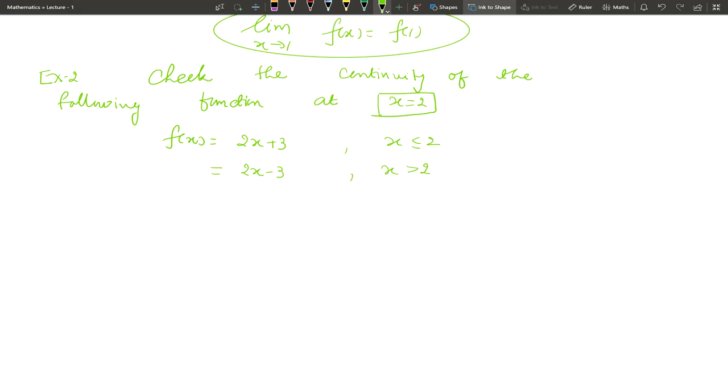So to check the continuity at x equal to 2, we will examine whether limit x tends to 2 minus, that is left hand side limit, must exist, right hand side limit must exist, and value of f of 2.